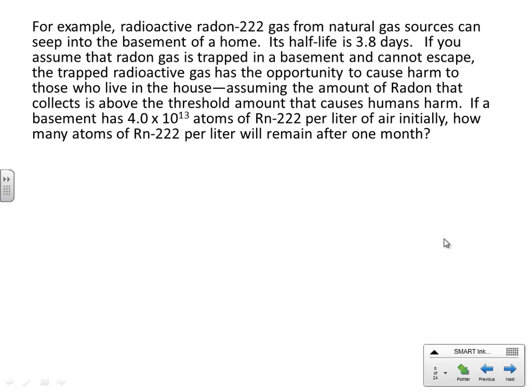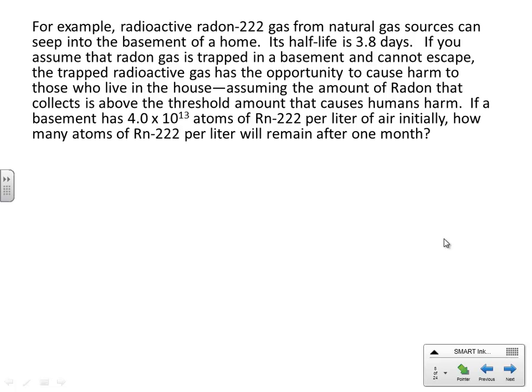As a result, because it comes from those natural sources, it has a tendency to build up in basements. So if we begin with a sample of 4.0 times 10 to the 13th atoms of radon-222 per liter of air, how many atoms of radon-222 per liter will remain after 1 month?